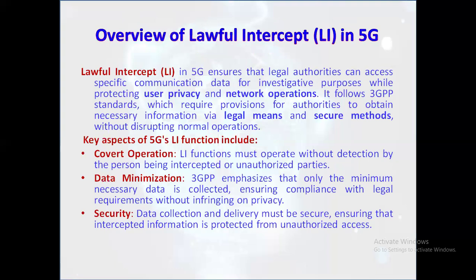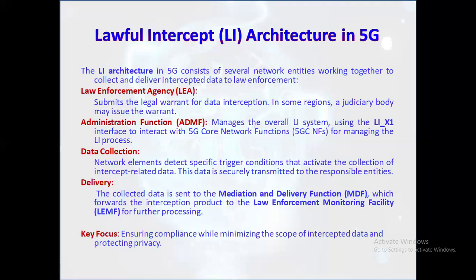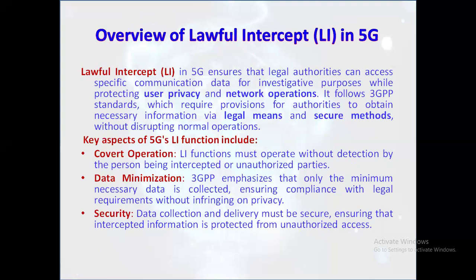And next, we are coming into the lawful intercept, LI, in 5G. So this lawful intercept in 5G, what it means is the point of interception is responsible for detecting and capturing the target communication.